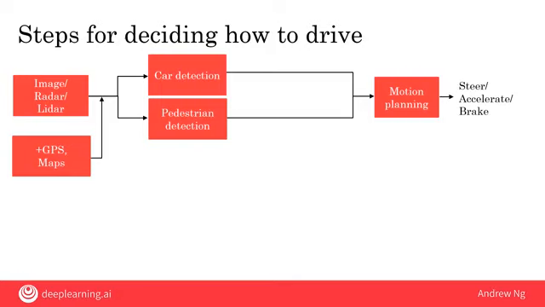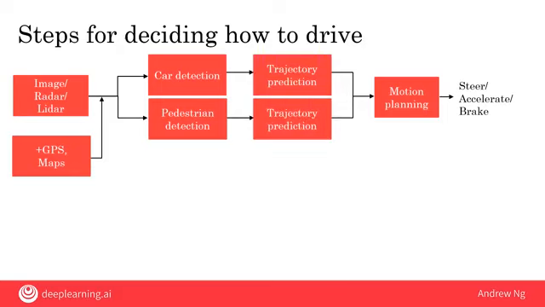Rather than just detecting cars and pedestrians, in order to drive safely, you also need to know where these cars and pedestrians are going in the future. So another common component of self-driving cars is trajectory prediction, where there's another AI component that tells you not just the cars and pedestrians you found, but also where they're likely to go in the next few seconds, so you can avoid them even as they're moving. To drive safely requires more than just navigating other cars and pedestrians.